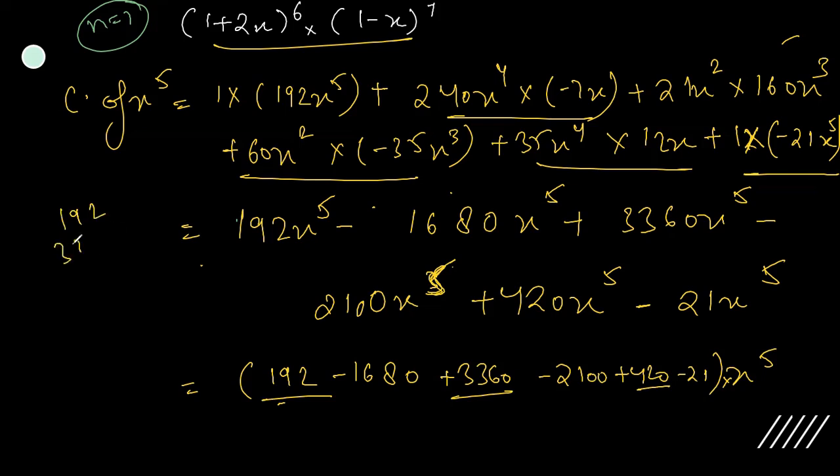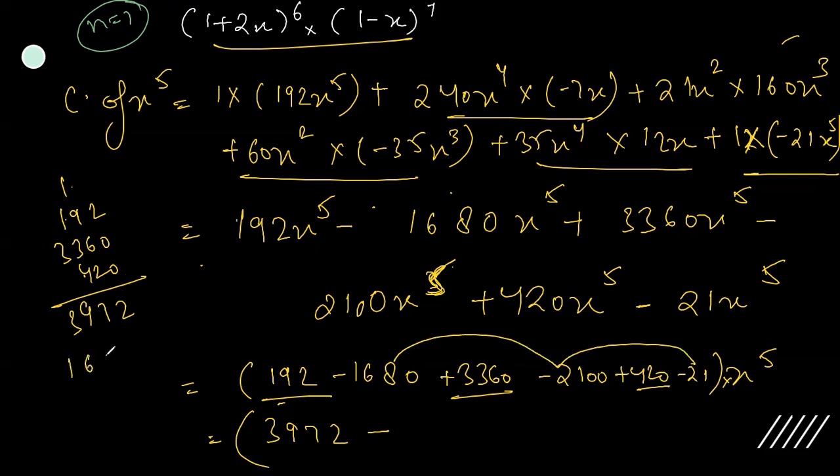So 192, 3360, and 420 together give 3972. Minus, and now I'm taking the negative terms: 1680, 2100, and 21, together 3801 x raised to the power 5.